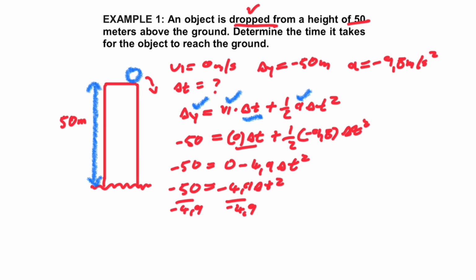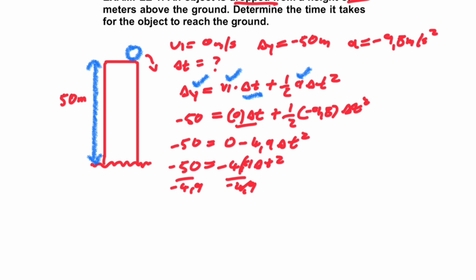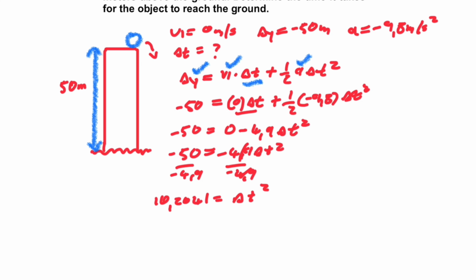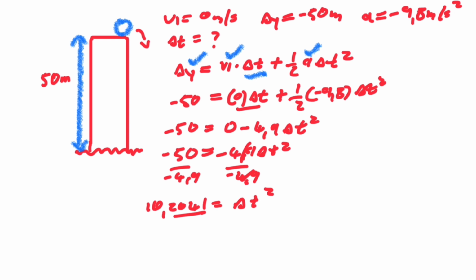So let me just go ahead and do that. I get 10.2041 equals delta t squared. So for the rounding off, before the final answer, you want to round off to 4 decimal places, okay? And then at the final answer, that is where you're going to round off to 2 decimal places.